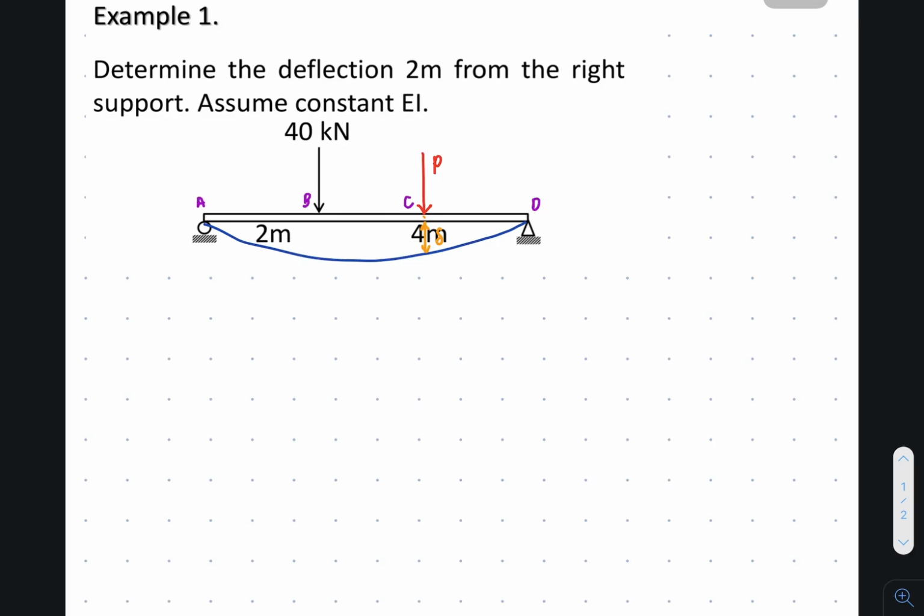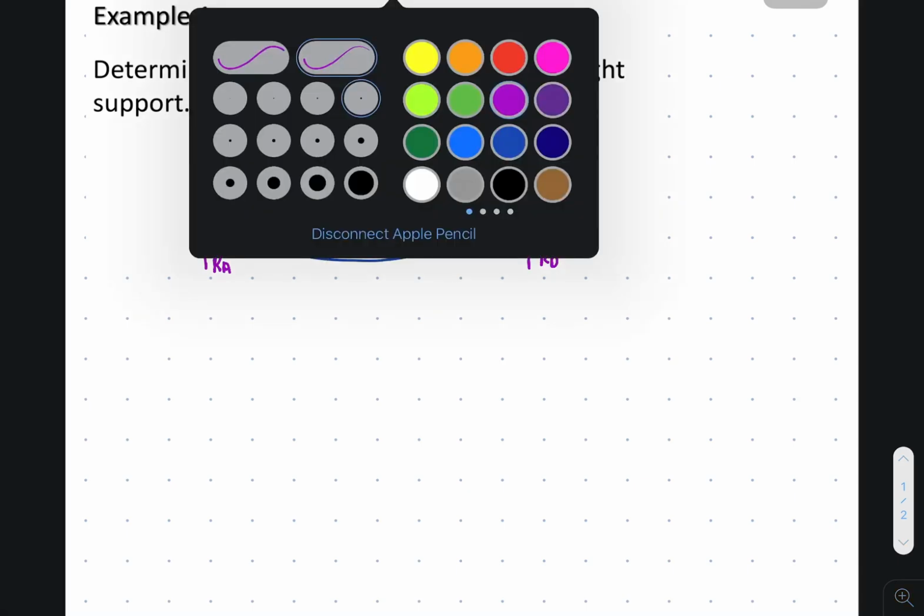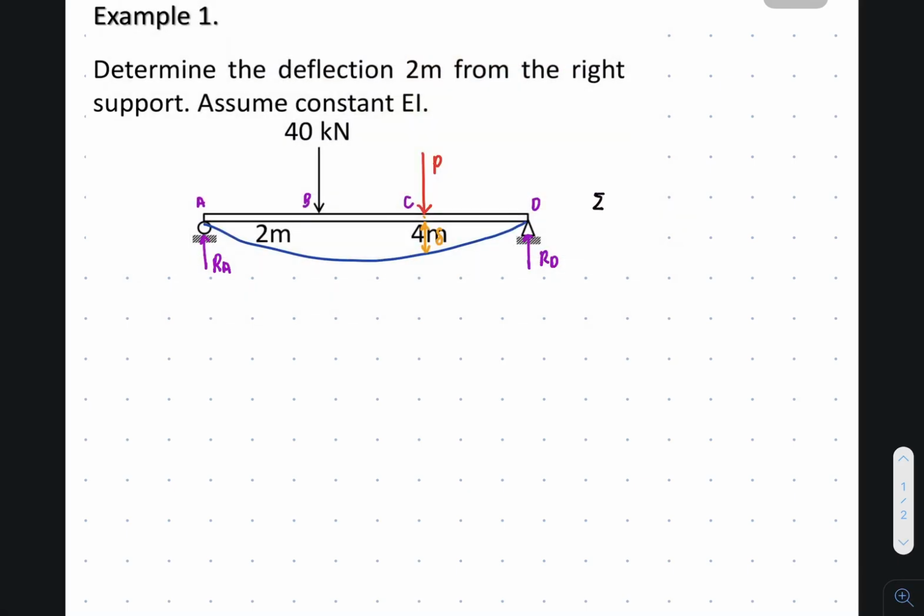And of course, since we now have the P force together with the existing force, we are going to solve the value of the reaction at A in terms of P together with the reaction at D in terms of P. So let us solve for the reaction. We're gonna have the summation of moment about point D so that we can solve RA.